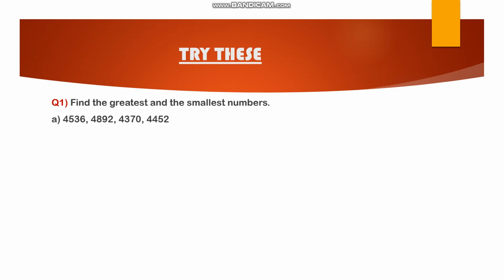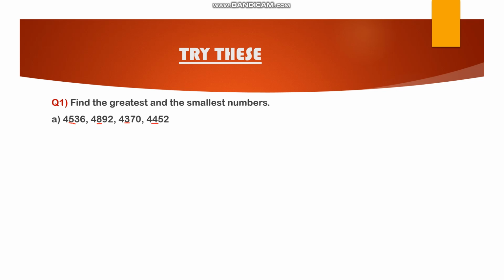Here the leftmost digit is 4, and all the numbers have the digit 4. So what to do? You have to check the second leftmost digit. Here it is 5, here it is 8, here it is 3, and here it is 4.